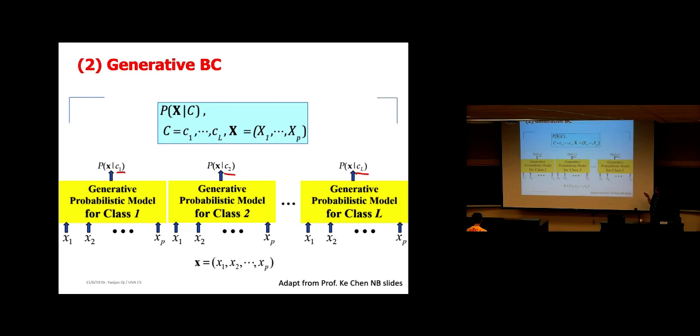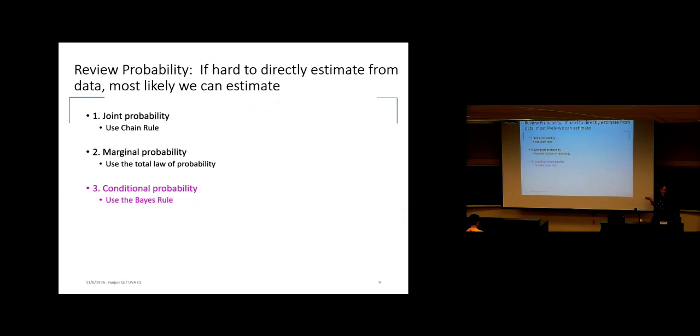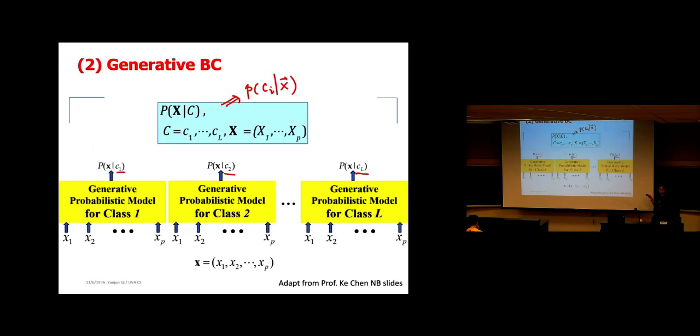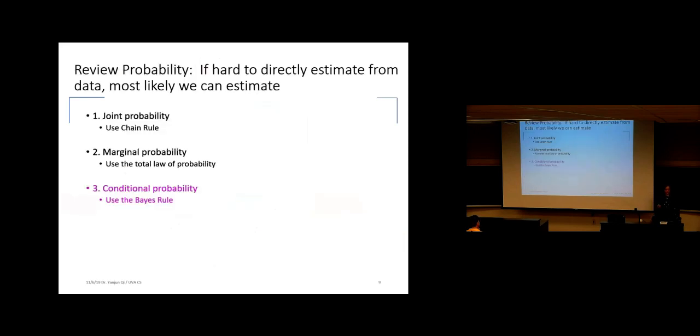But this is not P(C|X), right? To be able to use the MAP rule, what I need is P(C_i|X). And you might still remember the whole assumption there: it's easier to directly estimate P(X|C), and then we use Bayes rule from P(X|C) to derive P(C|X).